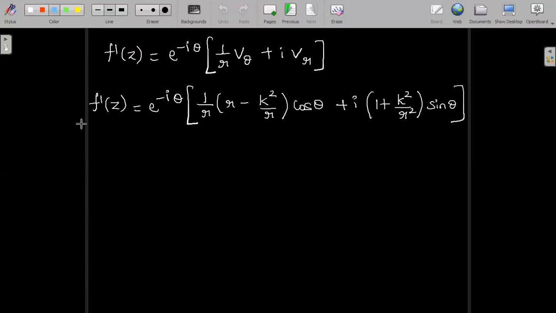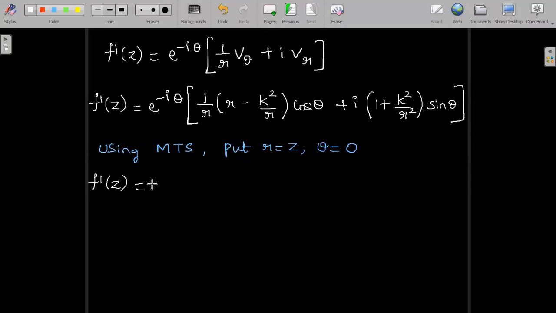Now let us make use of the Milne-Thomson substitution. So we always use this to make our work easy. We substitute r is equal to z and theta is equal to 0 in the polar substitution. It is Milne-Thomson substitution in the polar form. So this helps us to obtain f dash of z as a function of z.